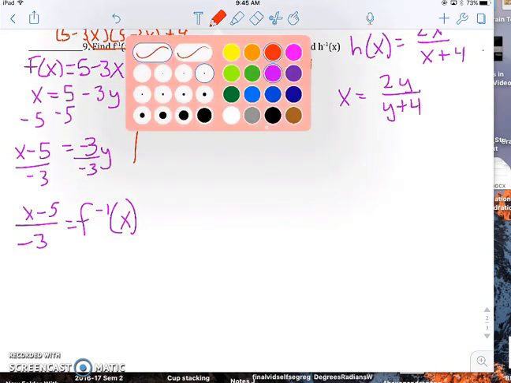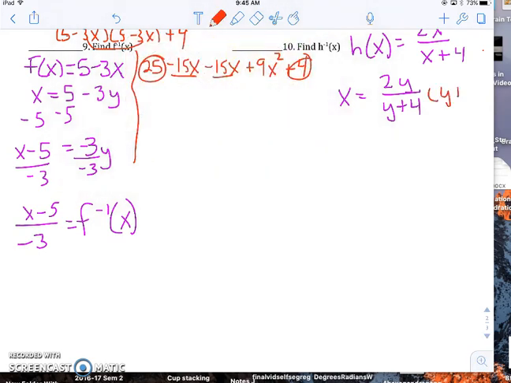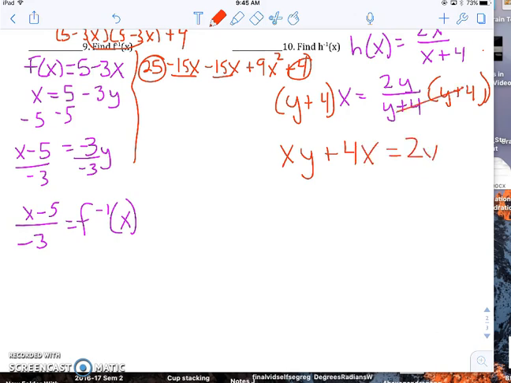Then we're going to multiply each side by y plus 4. So if we distribute, now we have xy plus 4x equals 2y.